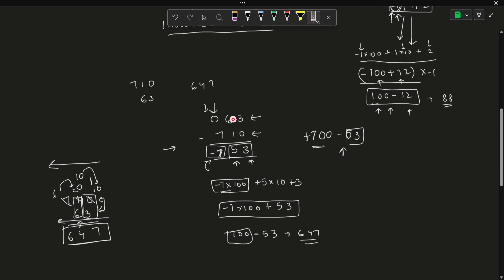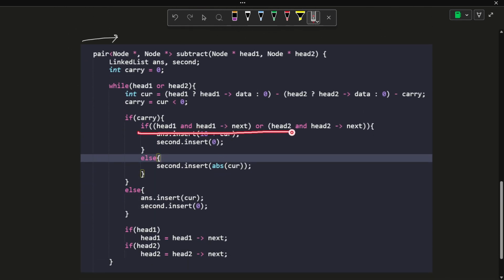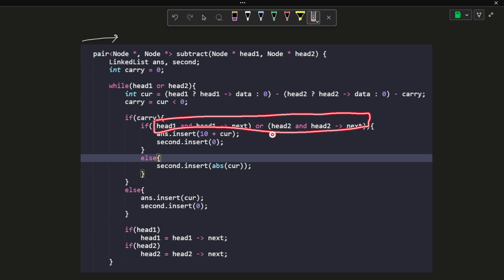Why is this condition important? If you see at this particular position, both of them do not have any next position. Both of them get finished here. So this is the condition I am checking, that I need a carry but there are no next numbers. This comes from this particular if, and there is a next node with either of the heads. So that means there is a next node for either head 1 or head 2.